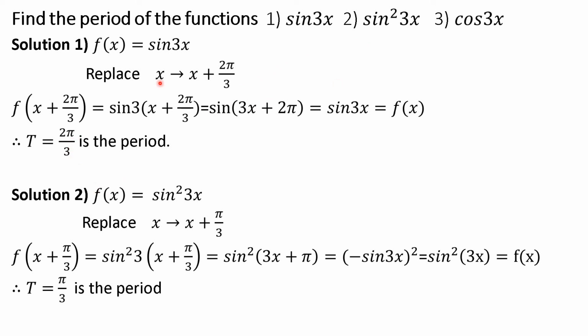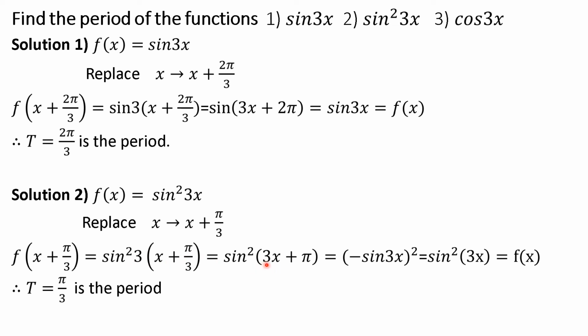Second problem, find the period of the function sine square 3x. Replace x by x plus pi by 3. After replacing x by x plus pi by 3, we will get sine square of 3 into x plus pi by 3, that is sine square of 3x plus pi by 3 into 3, which gives pi.